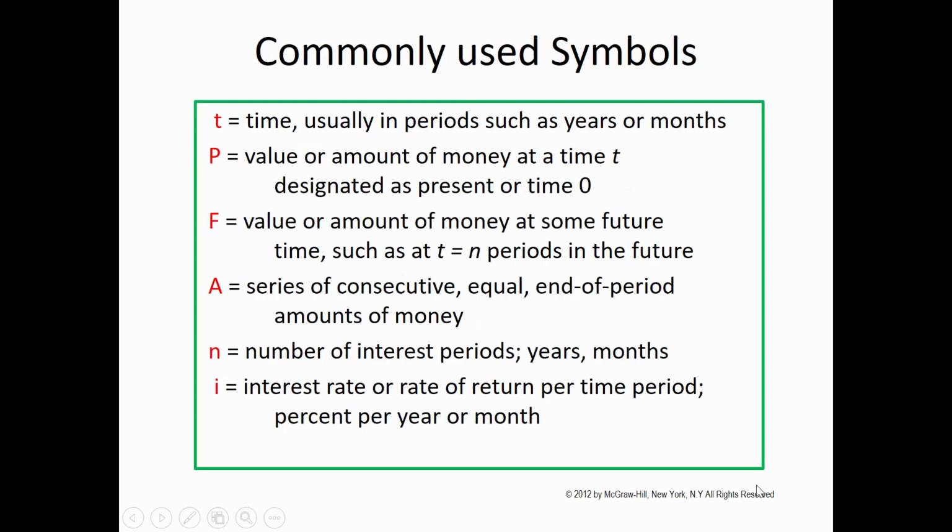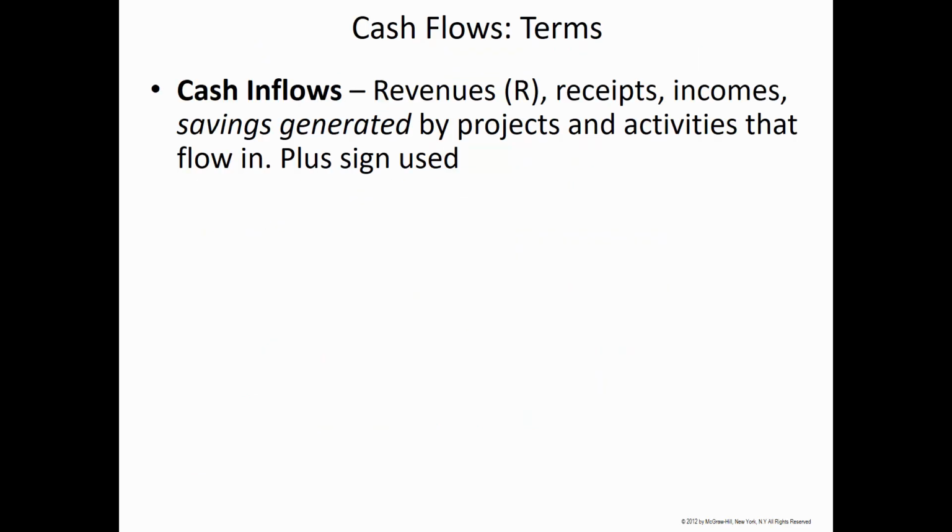So here are those variables again, commonly used symbols that we'll put down on our cash flow diagrams, and we've already talked about each of these. Money coming in, which we put on the top of the cash flow diagram, that can be revenue that we receive for operating a business, receipts, income, also savings that are generated by doing something.